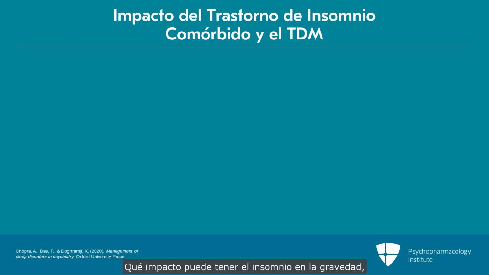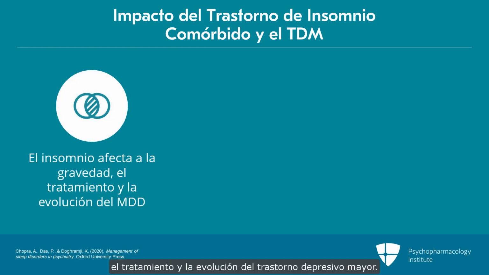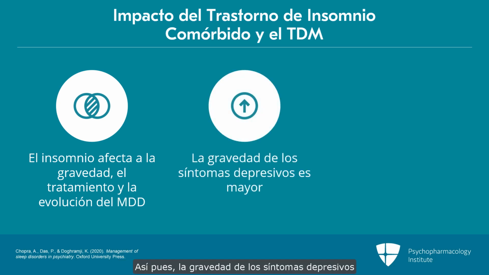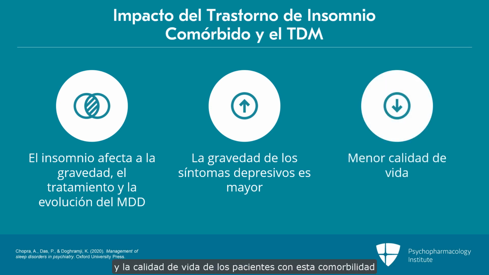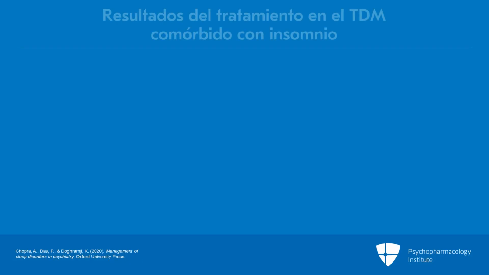What impact can insomnia have on the severity, treatment, and the course of major depressive disorder? When insomnia disorder and major depressive disorder are comorbid, we are dealing with 2 major mental health disorders and their associated consequences. So the depressive symptom severity is understandably higher, and the quality of life for the patients with this comorbidity has been shown to be lower as compared to those with either disorder alone.